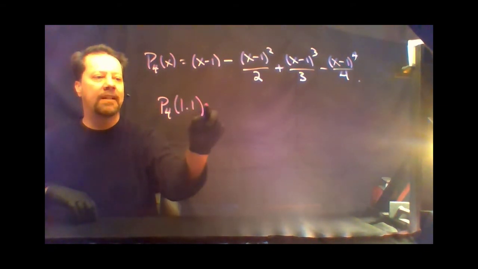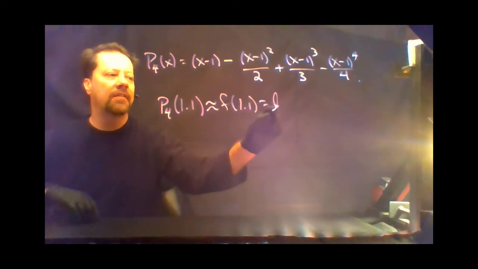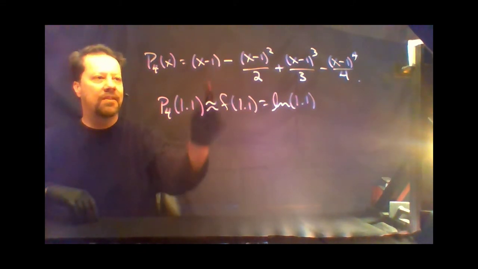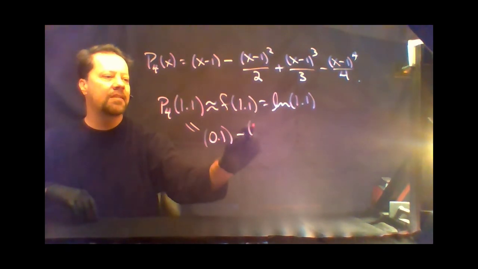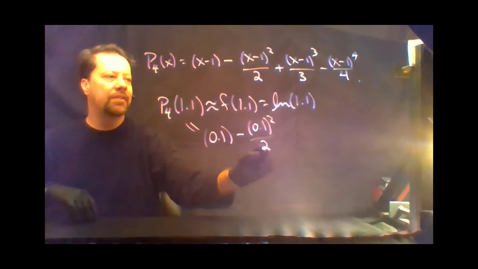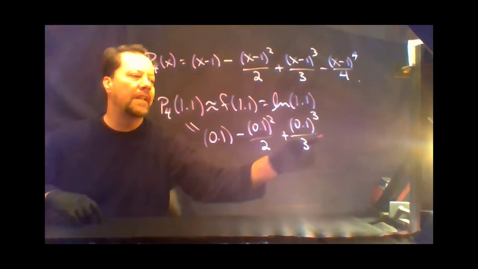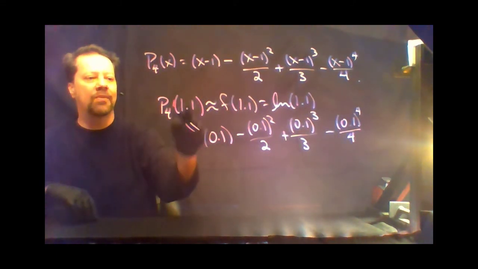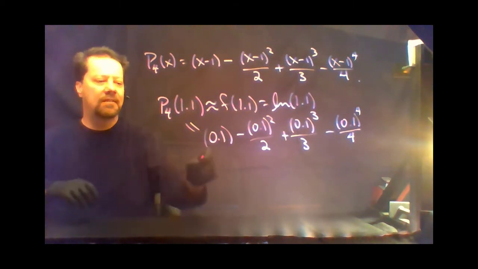Evaluating at 1.1 gives us approximately the value of the original function, the natural log, at 1.1. You can see that we will have 0.1 minus 0.1 squared over 2 plus 0.1 cubed over 3 minus 0.1 to the fourth over 4, substituting x equals 1.1. 1.1 minus 1 is 0.1.